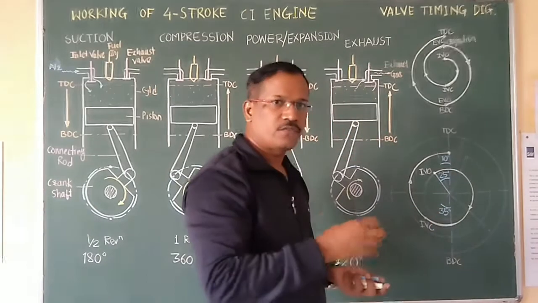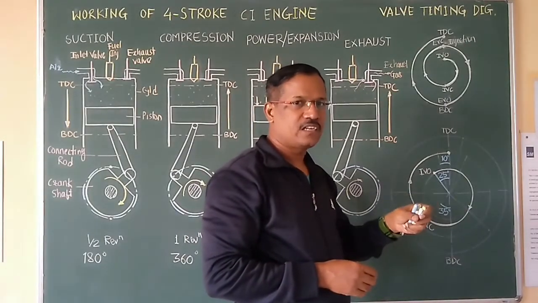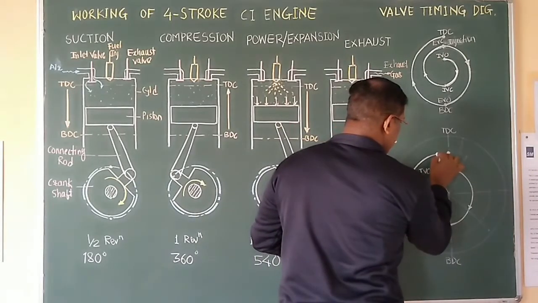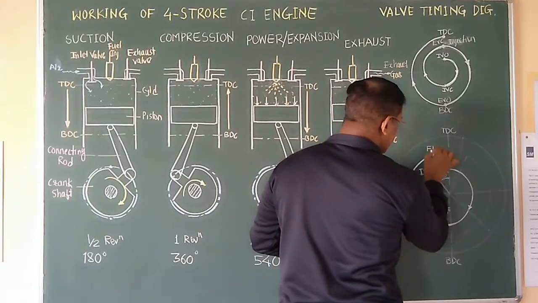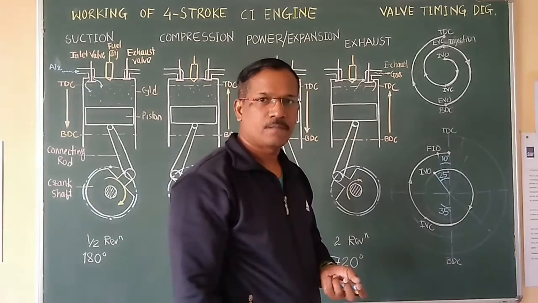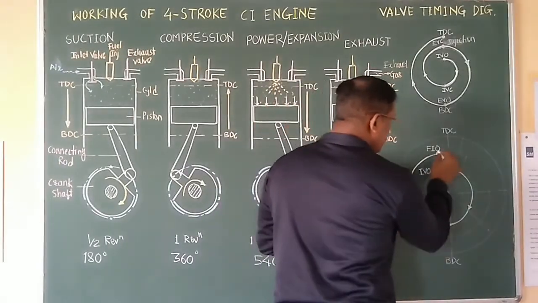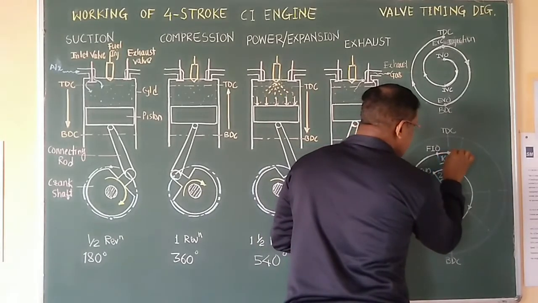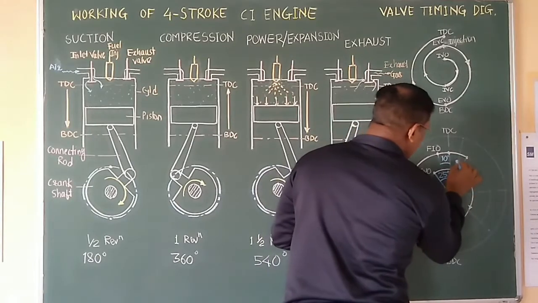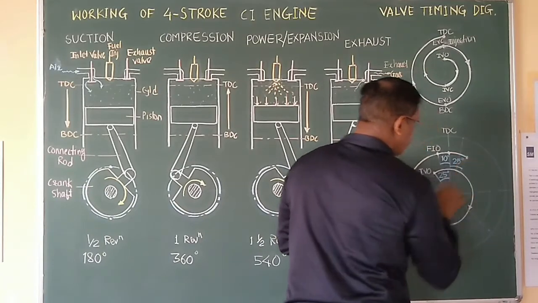as it is a fuel injector, there must be one point where we start fuel injection. So before 10 degree of TDC, fuel injection opens. So fuel injection started, and fuel injection stops or closes about 25 degree after TDC.